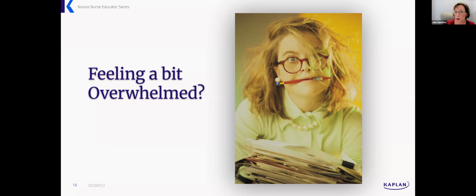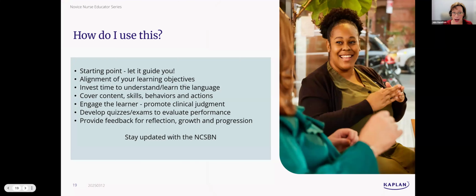But it's important that you understand the NCLEX and how the NCLEX is testing the student and overall why the NCLEX is doing it, why we have to take this licensure exam. It's for safe practice. So as an educator, you want to advocate for safe practice. You want to teach safe practice. So how are you going to use it?